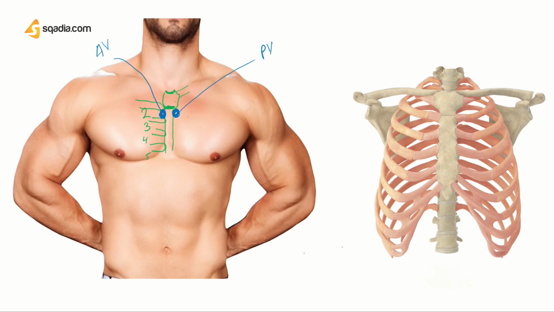And if we go further down, over here, in the fifth and sixth intercostal spaces, we can hear the tricuspid valve. And right here, we can see the midclavicular line. And just medial to the midclavicular line in the fifth intercostal space, this is where we have the mitral valve.